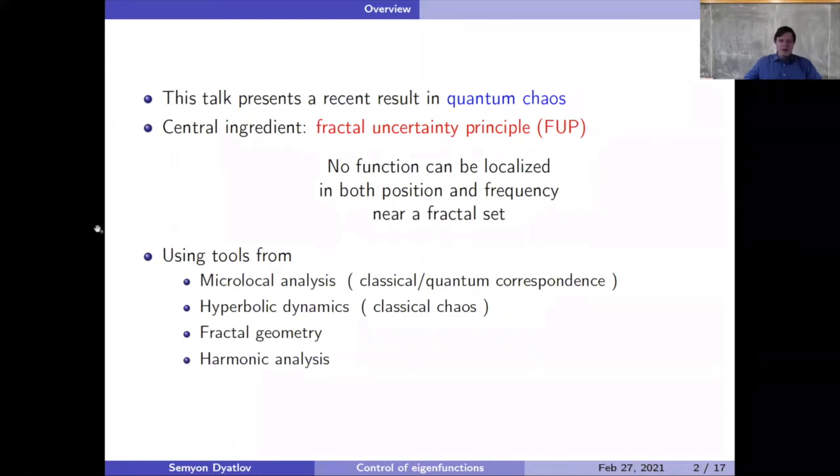So that's what lets us relate the classical to the quantum side of the picture. Now I'll talk about hyperbolic dynamics, which is mathematical theory of classical strongly chaotic systems that I'll use. And then the Fractal Uncertainty Principle, the proof uses a bit of fractal geometry and a fair deal of harmonic analysis, but I'm not going to be presenting a proof of it today. I'll list the ingredients.